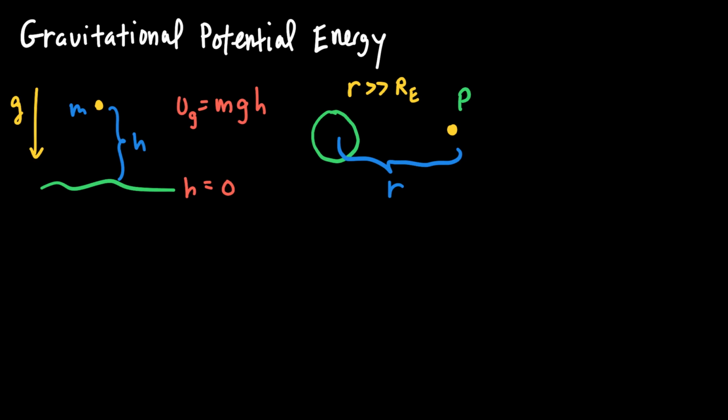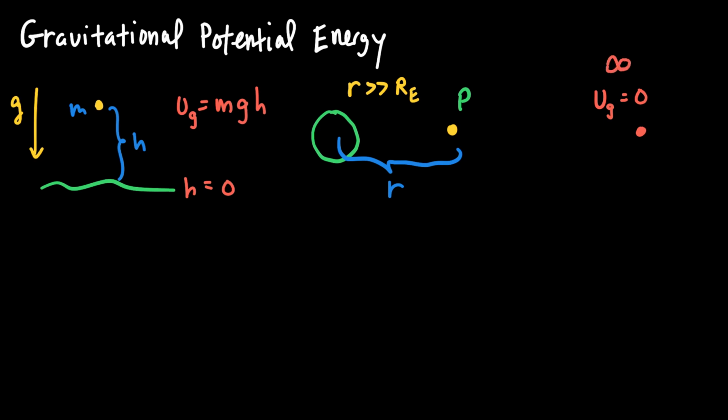For cases where the distance to the center of the planet is quite large, we will define the gravitational potential energy, Ug, to be equal to 0 when the point we're at is an infinite distance away from the center of that planet.